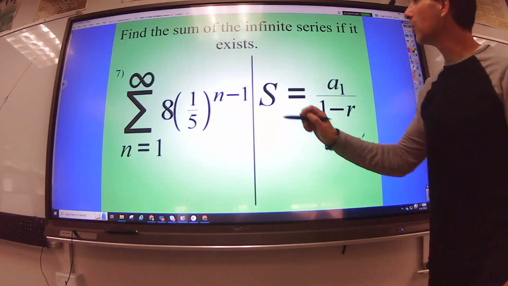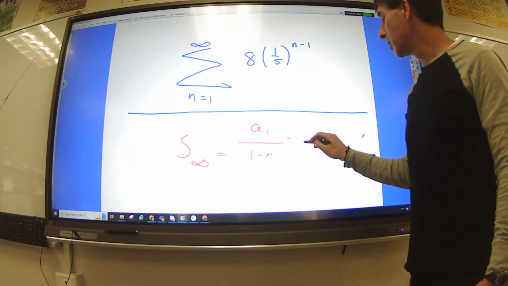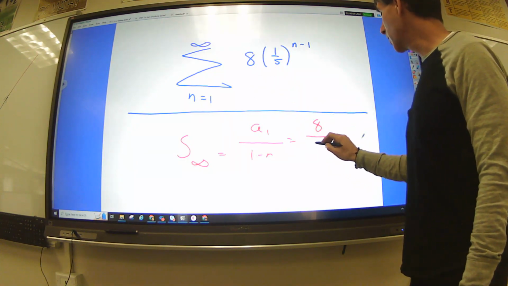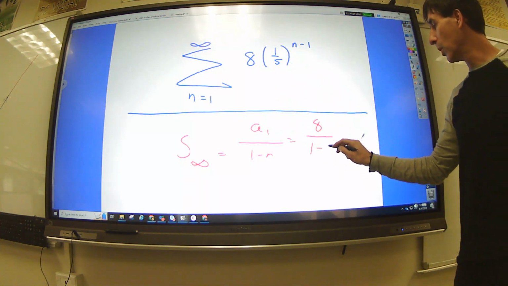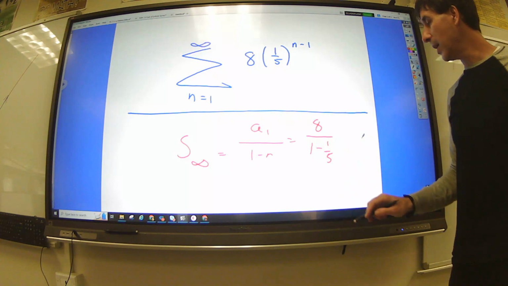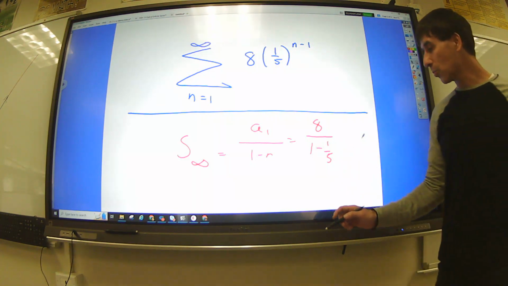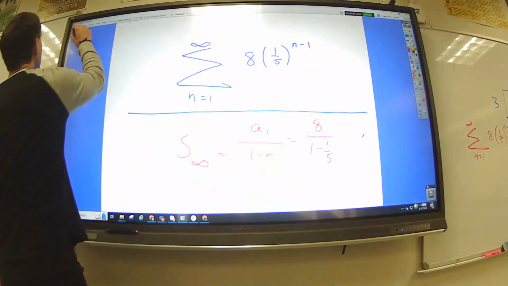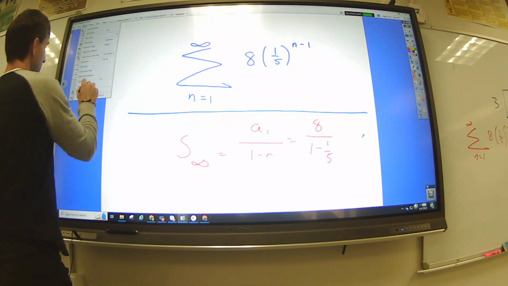All right, so here we go. Here's how you solve it. So a sub 1 is 8 over 1 minus, my r is 1/5. Now, I can change this 1 into, hang on, where's my page extender?